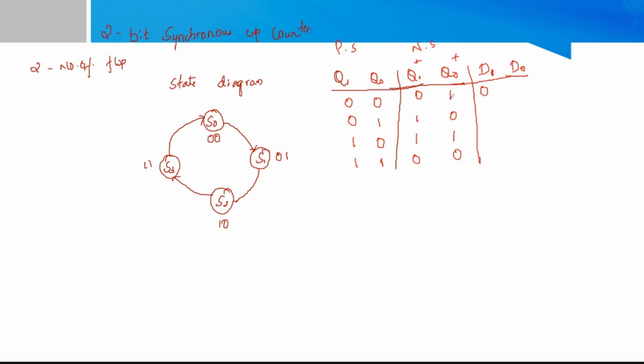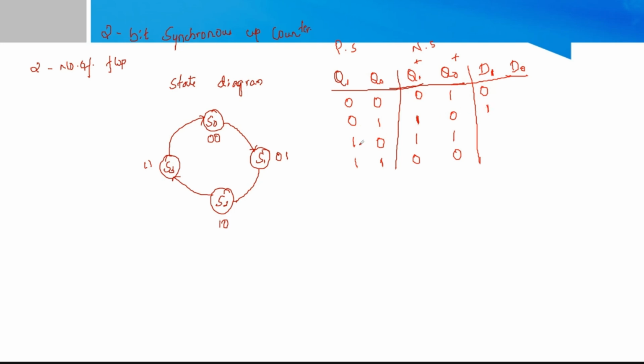If present state is 0 and next state is 1, what might be the input of D? 1. Why? Whatever you have as the next state, that will be the input of your D1.